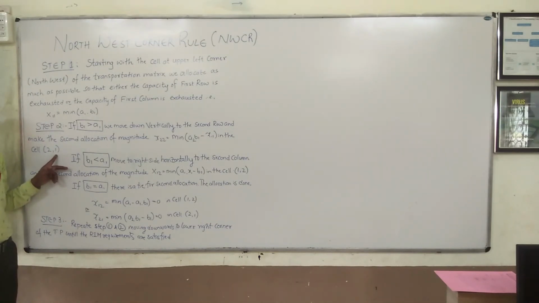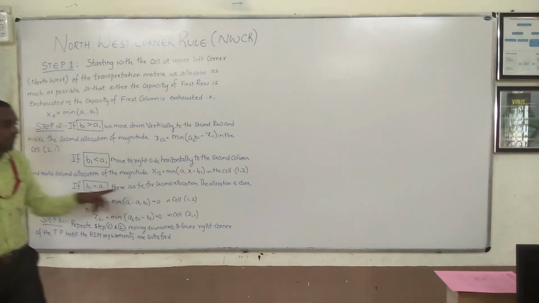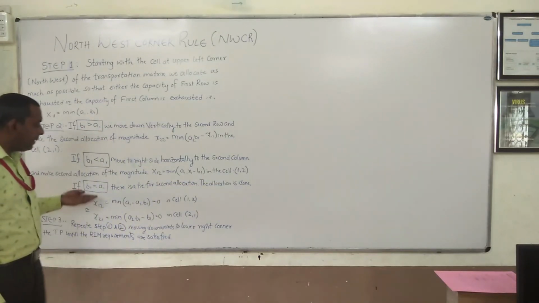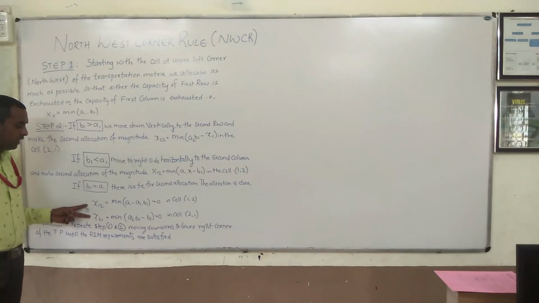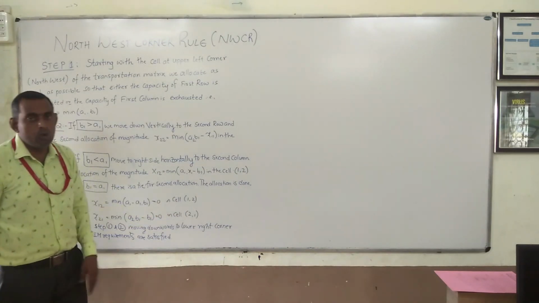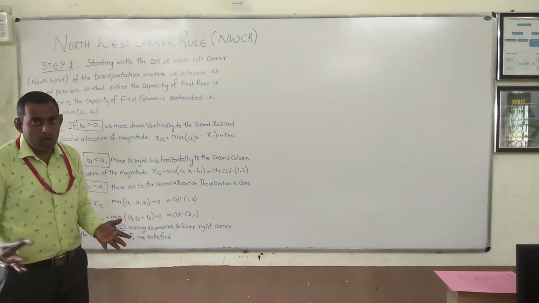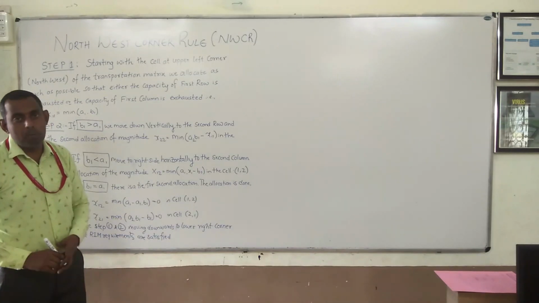What happens if B1 is less than A1? Then we allocate 1 comma 2 next. What happens if both are the same? Then we choose either 1 comma 2 or 2 comma 1. That is the freedom given to the one solving the problem.